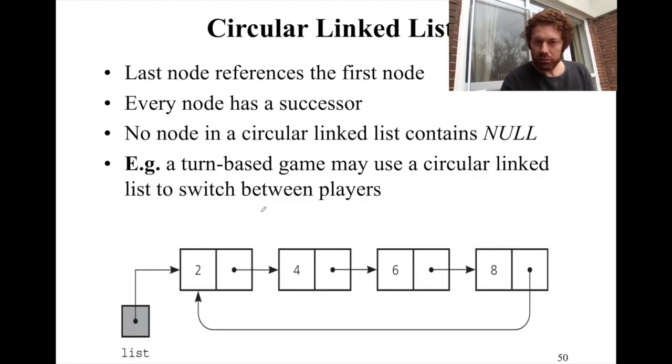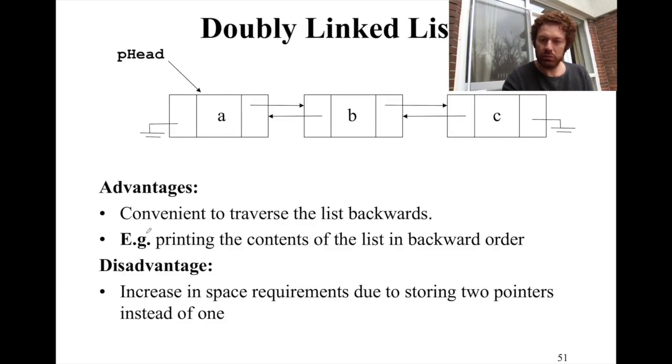So we already have a figure. A circular linked list is useful if you are implementing a turn-based game, like Risk, for instance, because after the last player, the turn will come to the first player, so it may make sense to switch between players. And as I described, the next of the last will be pointing to the first node.